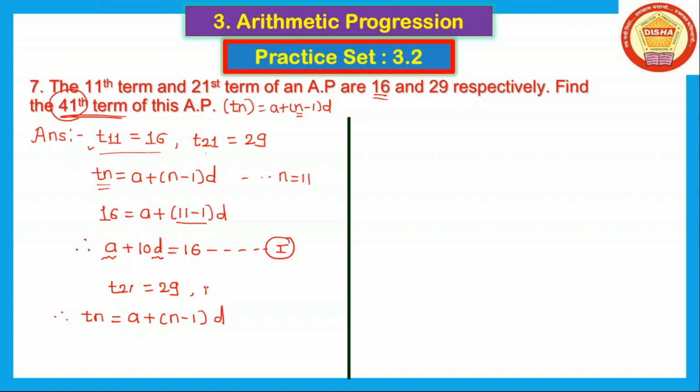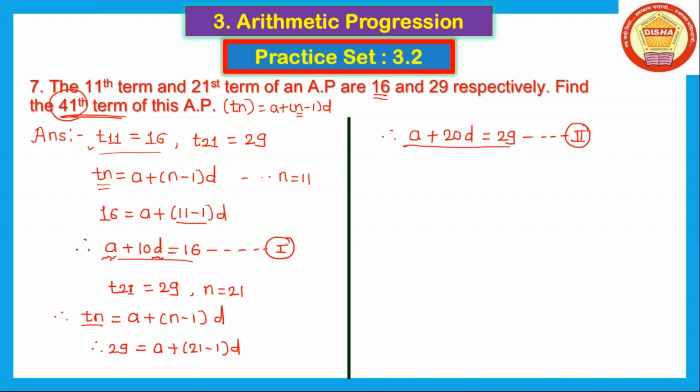We are taking n is equal to 21 because the 21st term is given, and that is 29. So 29 is equal to a plus 21 minus 1 into d. We simplify this bracket, means we get a plus 20d is equal to 29, and this is our second equation, which is in linear form. See, this is the second equation and this is the first equation.